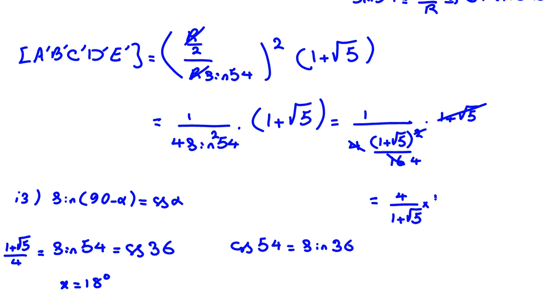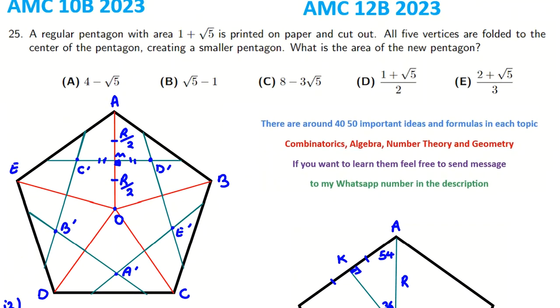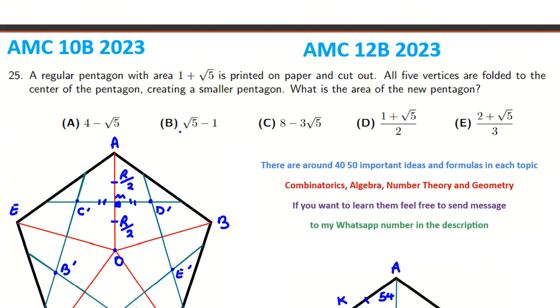Now we should rationalize. We multiply by root 5 minus 1 over root 5 minus 1. So it will be 4 times (root 5 minus 1) over root 5 squared minus 1 squared, which is 5 minus 1, 4. So it will be root 5 minus 1. Okay. So the answer will be choice B.